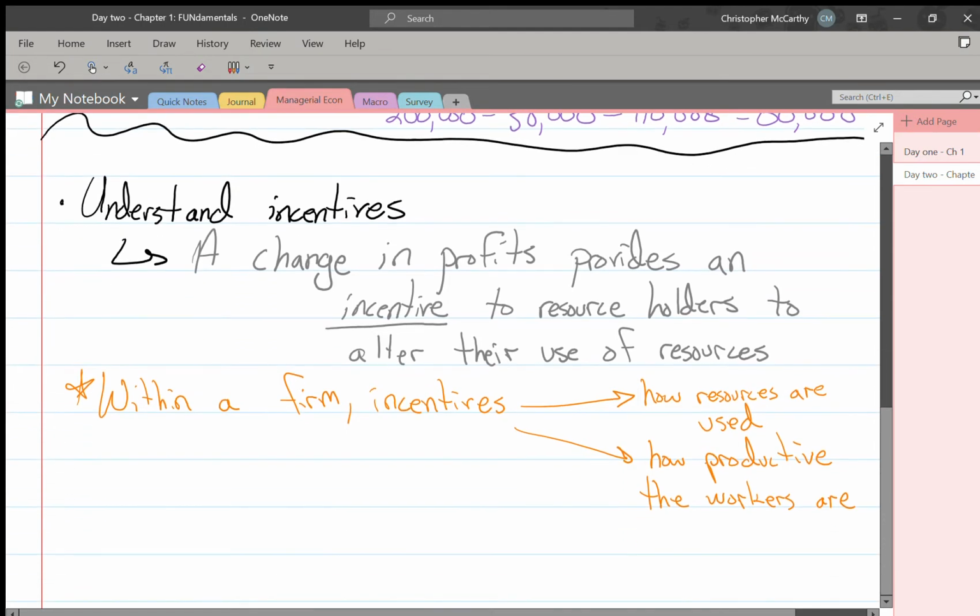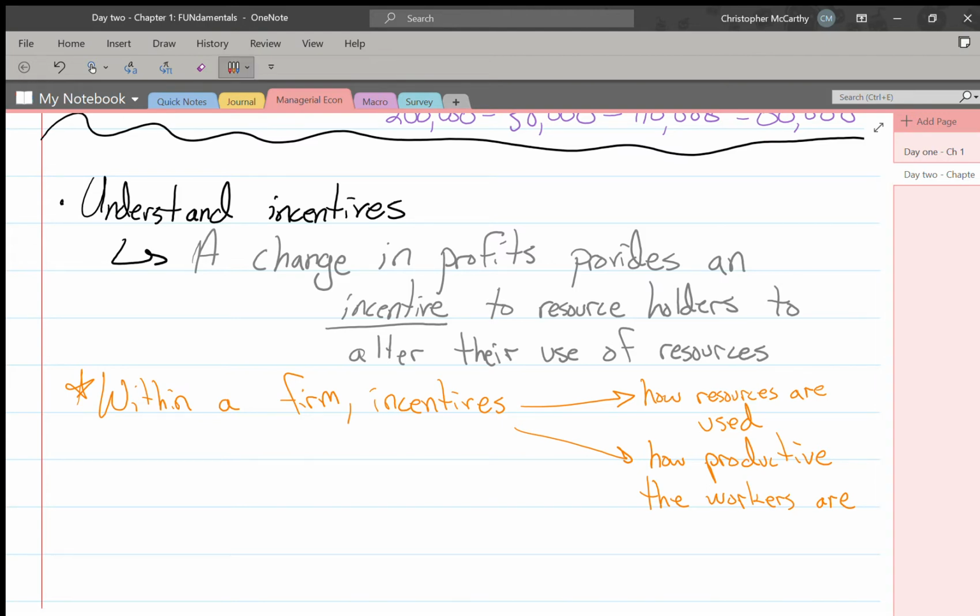As a manager, one of your roles is to construct incentives that are going to induce the maximum amount of effort from your employees. We will revisit this when we talk about different types of monitoring and different types of discipline and different types of incentives in the workplace. So we've got to understand incentives in order to understand managerial economics.